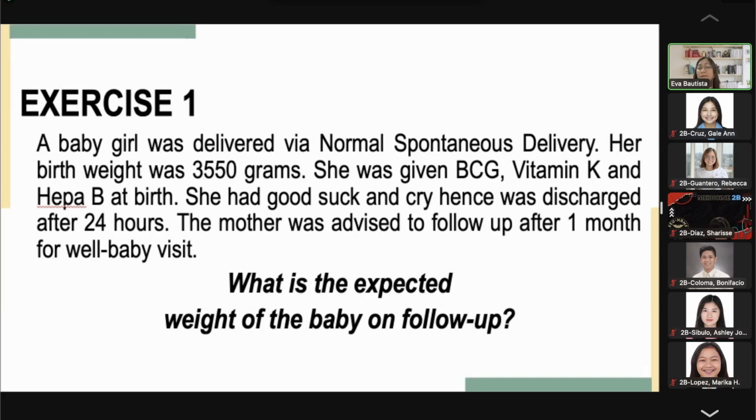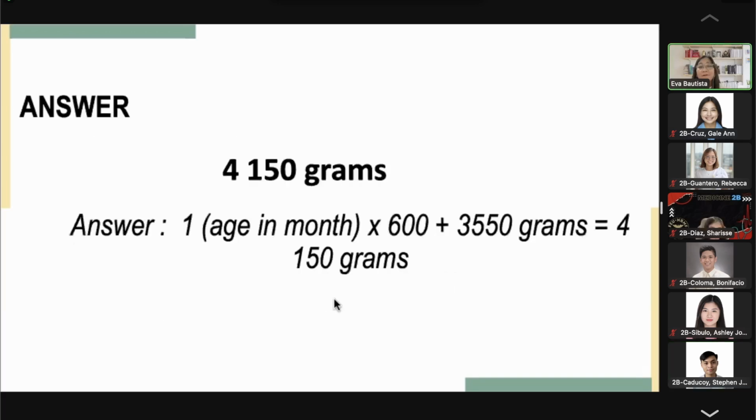Anyone? 4,150 grams. Okay, yes, you are correct. So 1 month of age times 600 plus the given birth weight. Therefore the infant at 1 month on follow-up will be expected to weigh 4,150 grams.